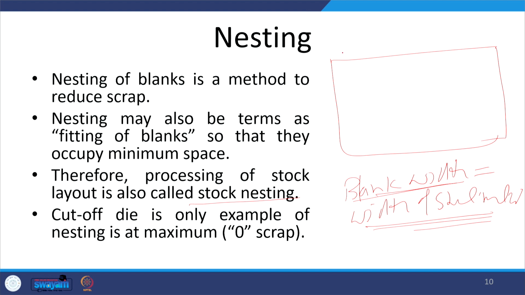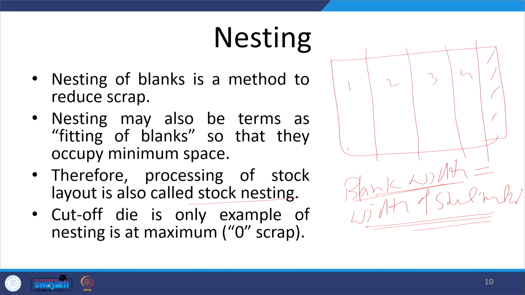Now, for another dimension, we will be simply identifying where the cut will be made. So, those cut lines will be made in such a way that it results in the minimum scrap. Say if this is 1, 2, 3, 4, then this will be the wastage, this will be the scrap.